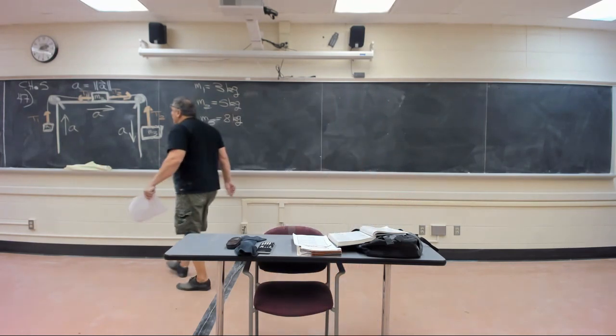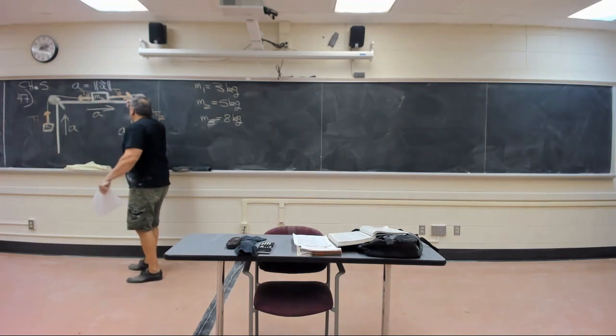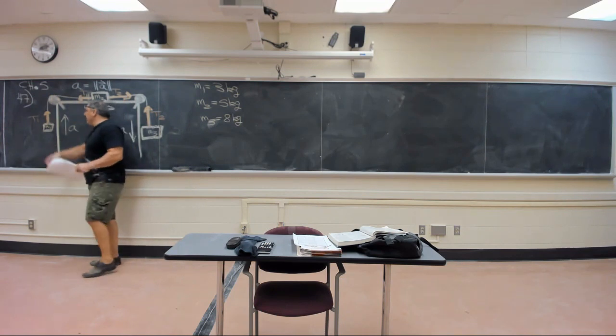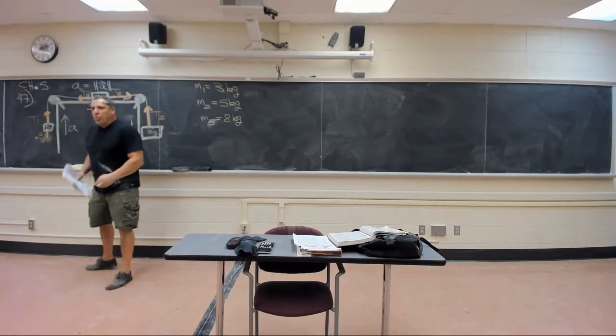As you're looking at this board, M2 is moving to your right, M3 is moving down, M1 is moving up. This is M1g. It is smaller than T1.